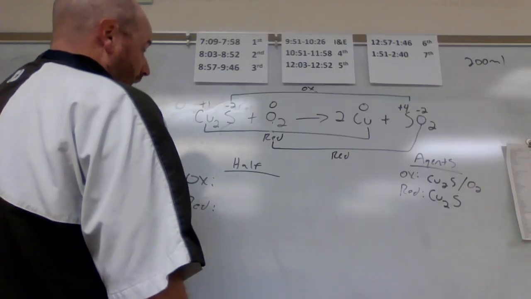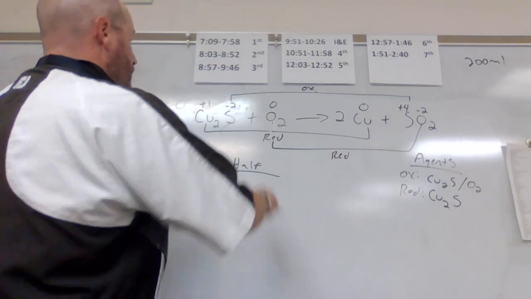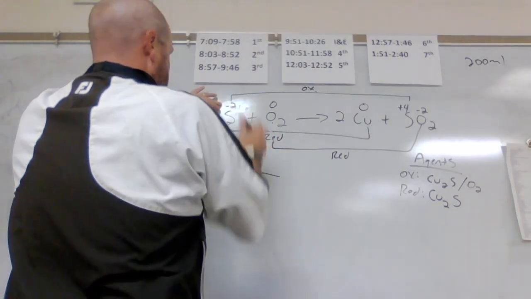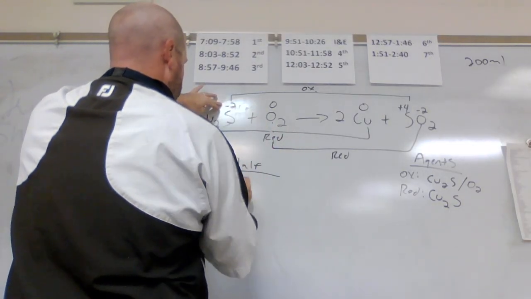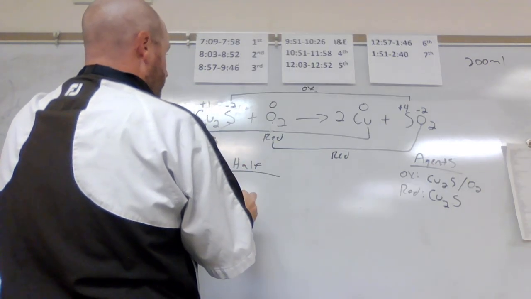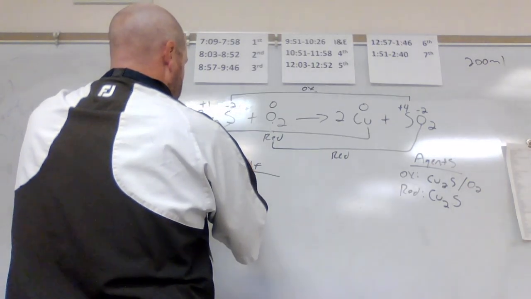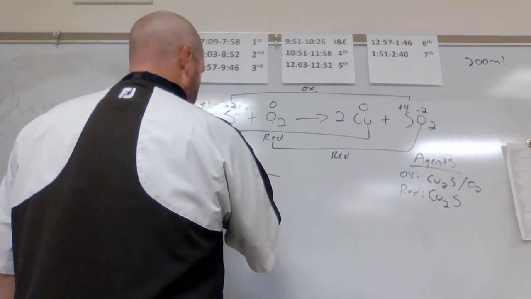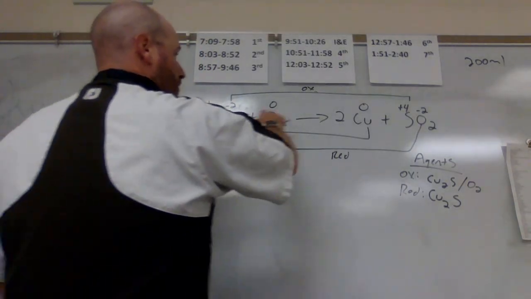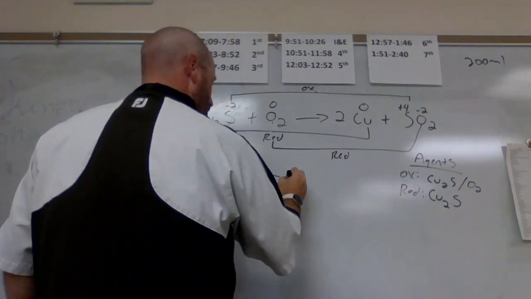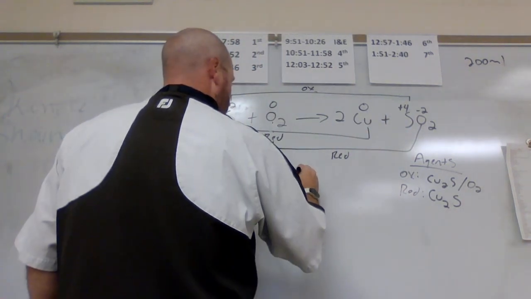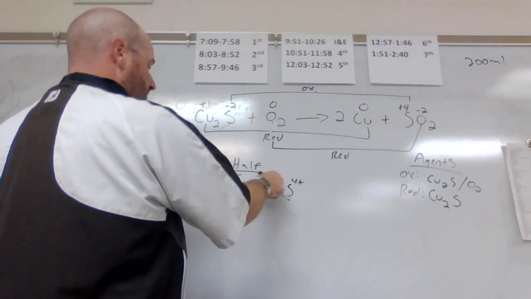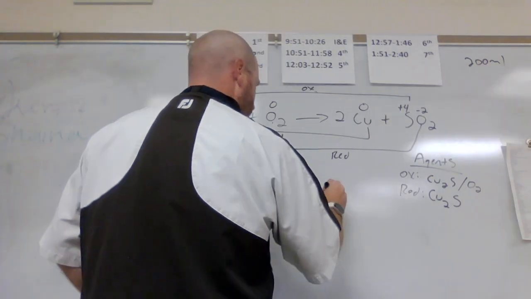All right, so for our half reactions here, oxidation is going to be sulfur with a -2 charge, so 2 negative. Put it over here, and we're going to end up at 4 positive, so sulfur at 4 plus. The difference in those numbers is 6, so we're going to add 6 electrons on there.